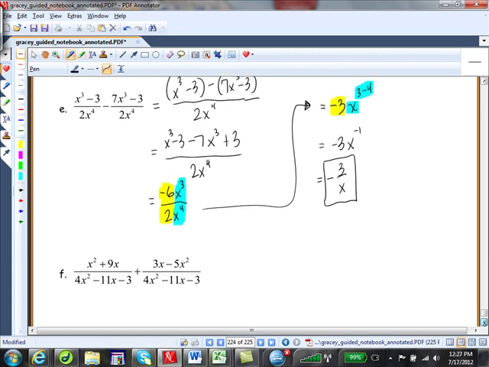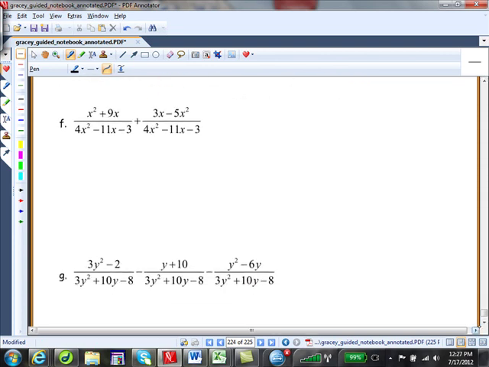So next up, part F, we have the same denominator. This denominator is 4x squared minus 11x minus 3. And then we're going to have x squared plus 9x plus 3x minus 5x squared.